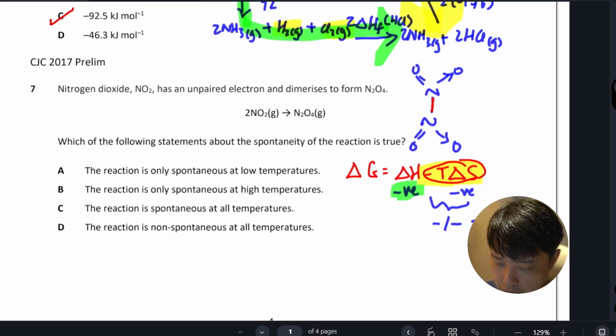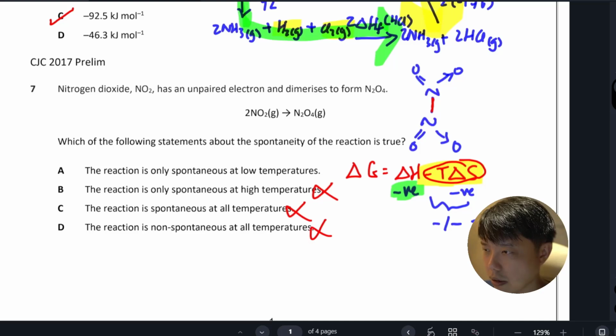Then it is spontaneous. But when it's high temperature, then of course the reaction becomes not spontaneous. So B is wrong. C is also wrong. Non-spontaneous, D is also wrong. So our answer is only A lah. Okay, low temperature, then the sign of the Gibbs free energy depends on delta H.